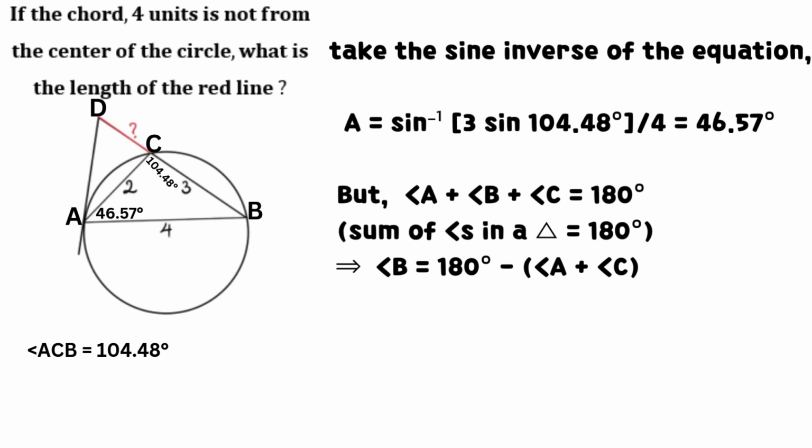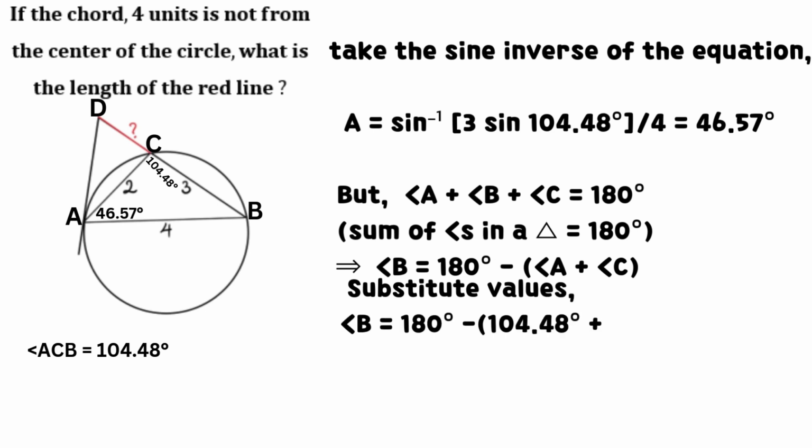But the sum of angle A, angle B and angle C equals 180 degrees. It implies that angle B equals 180 degrees minus the sum of angle A and angle C. Substitute values and we have that angle B equals 180 degrees minus the sum of 104.48 degrees and 46.57 degrees, which equals 28.95 degrees.